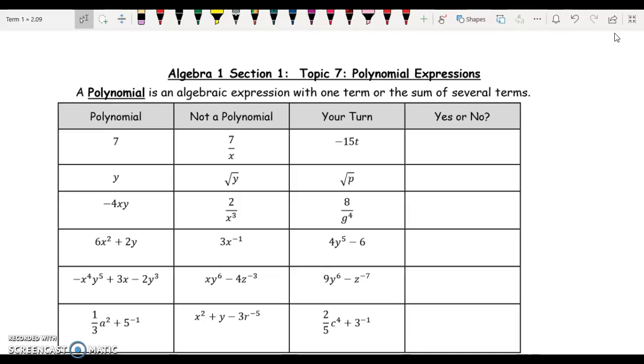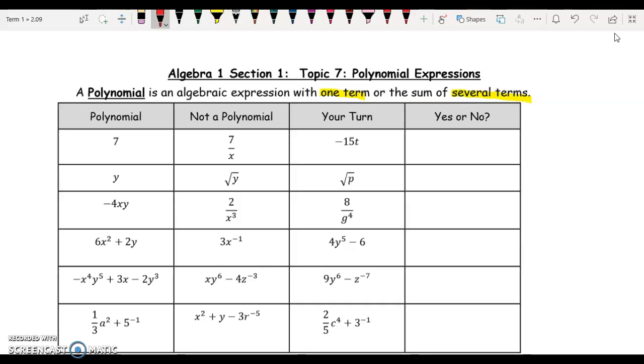A polynomial is an algebraic expression with one term or the sum of several terms. And if you'll recall from a previous lesson, a term is the product of a number and a variable. Okay?